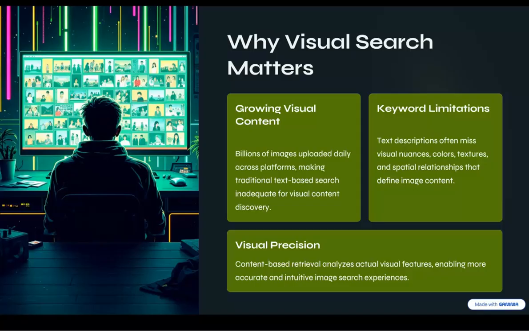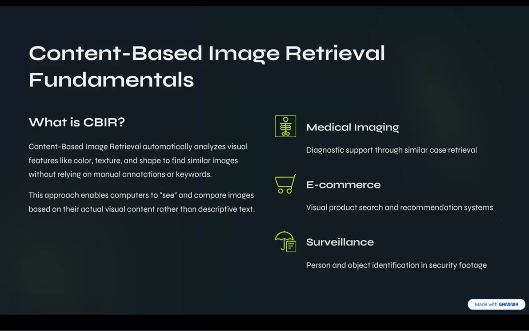Now let's define the CBIR fundamentals. Content-based image retrieval means automatically analyzing an image's visual features, such as color distributions, surface textures, or geometric shapes, so that computers can find similar images.